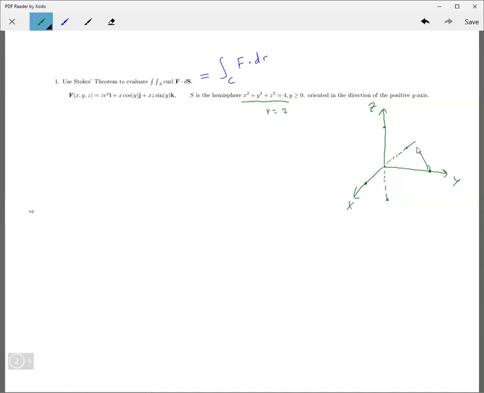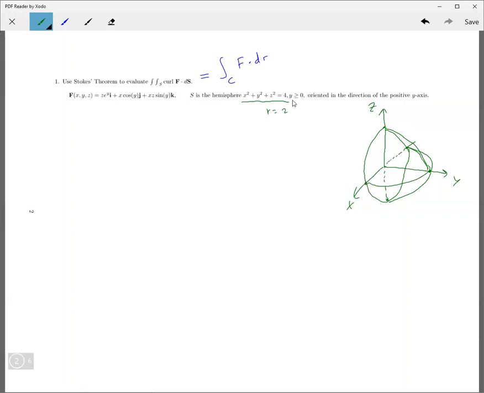Okay, so essentially, you have the surface of this sphere here, something like that. So you have this sphere coming out this way. Now, what we need to do is find the boundary. So this is your surface out here, right?